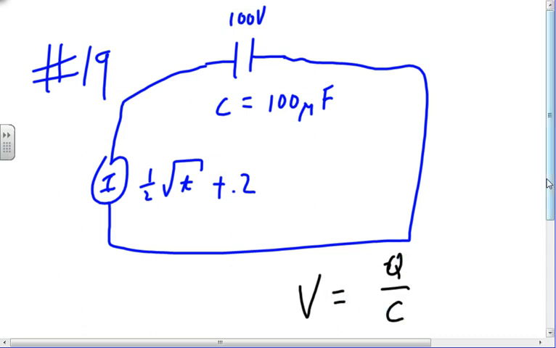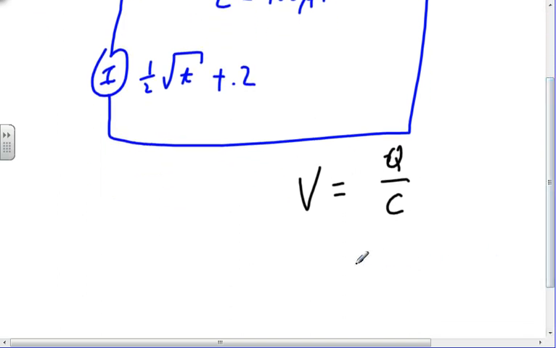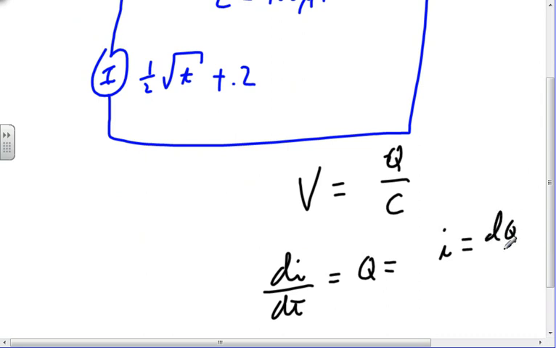And current is change in Q, change in time, the change of charge. Okay. All right, I got that. So I think I got that one right.